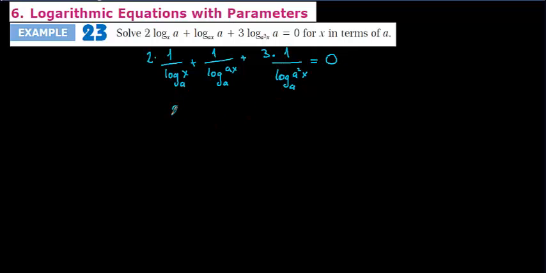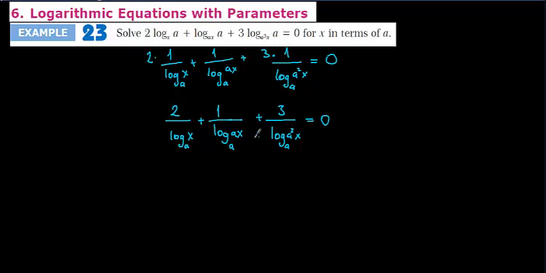This is going to be 2 over logarithm base a of x plus 1 over logarithm base a of x plus 3 over logarithm base a square of x is going to be equal to 0.